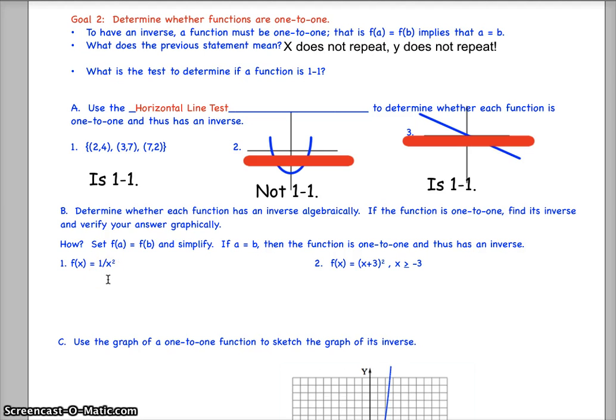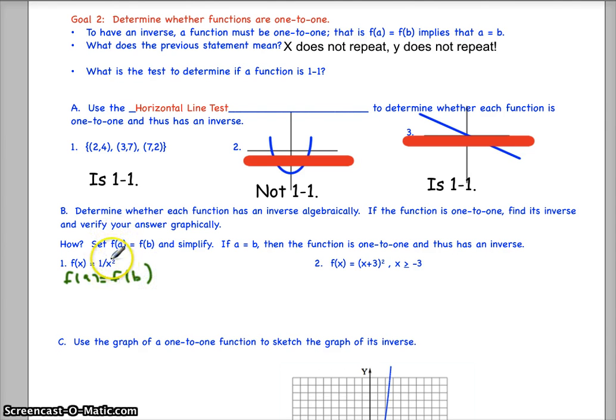So let's look at example number 1. All right, so remember, we set f of a equal to f of b.